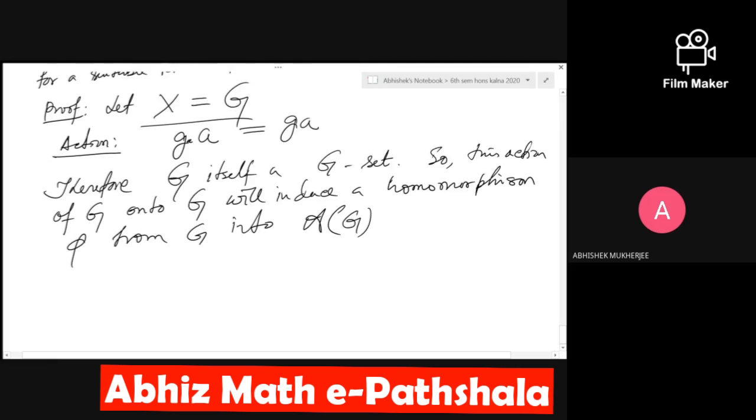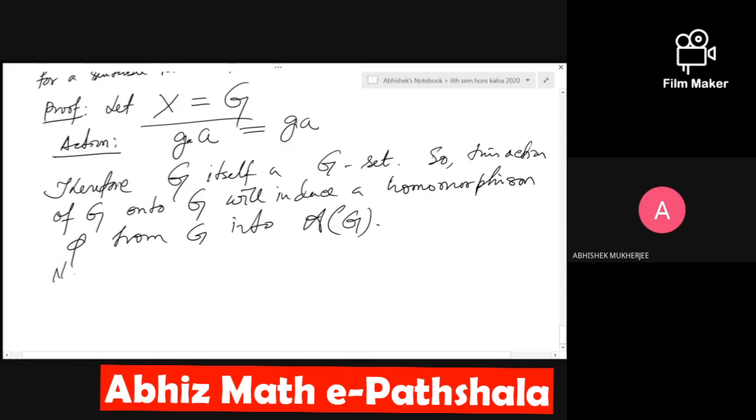Now it remains to show that this phi will be 1-1. To check that it is 1-1, we need to consider its kernel. So what is the kernel?